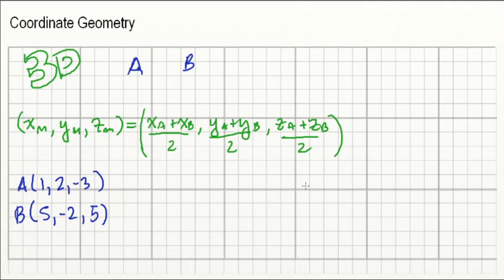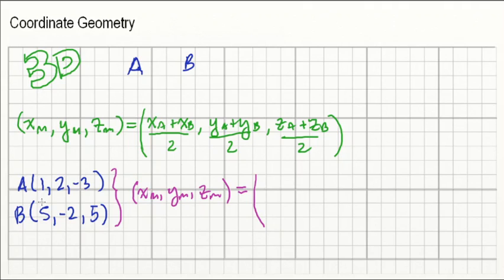So let's take this example down here. We have 2 points, A and B. A is given by x equals 1, y equals 2, and z equals -3. And point B is given by x equals 5, y equals -2, and z equals 5. So if we want to find the midpoint of those 2 points, we just have to take the averages.